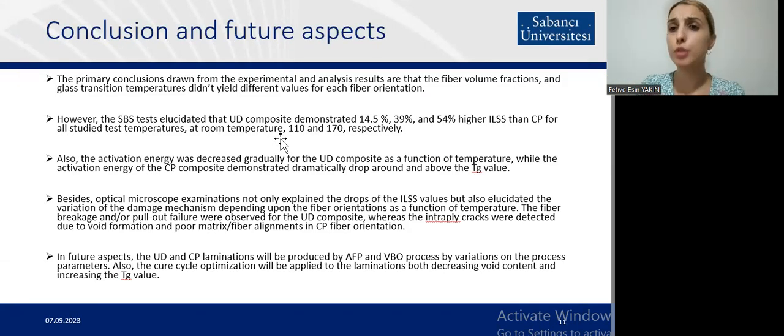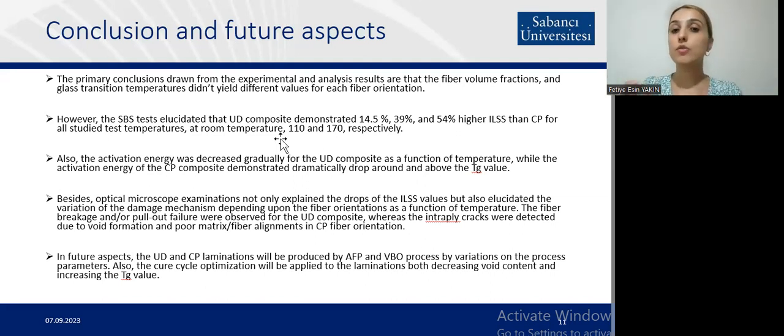In conclusion and future aspects, the primary conclusion drawn from the experiment and analysis results is that fiber volume fraction and glass transition temperature did not yield different values for each fiber orientation. However, the short beam strength test elucidates that the unidirectional composite demonstrates higher interlaminar shear strength than cross-ply for all studied test temperatures.